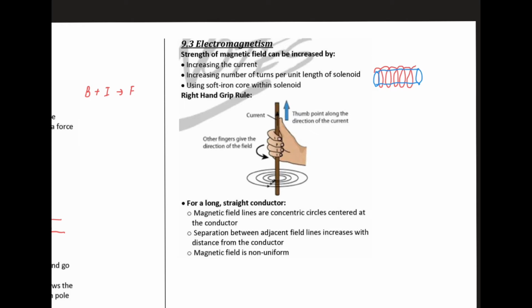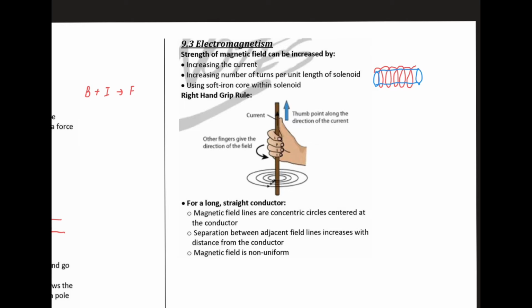First you need to know the middle of the diagram is actually the current, the straight wire. The current is pointing upwards, and the right hand grip rule is used in this way.